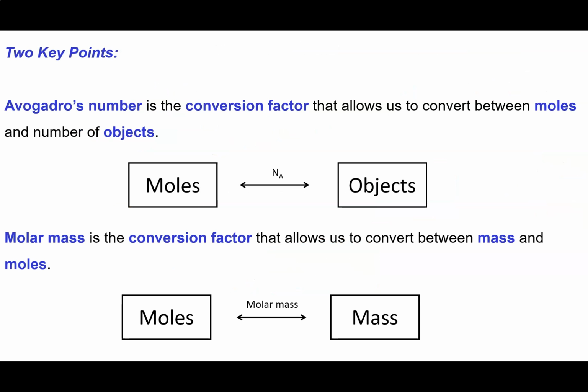So we've seen 2 conversion factors so far. We've seen Avogadro's number, and that functions as the conversion factor between the number of moles of a substance and the number of objects. And what we want to remember is that when I'm going towards moles, I multiply by 1 on Avogadro's number, and when I'm going away from moles towards the number of objects, I multiply by Avogadro's number.